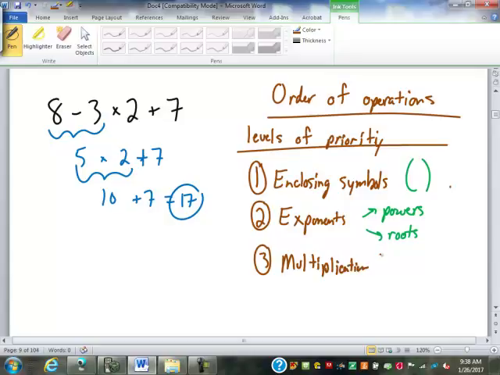Now, of course, multiplication and division are the same operation, so division goes on that list as well. And finally, the lowest level of priority is addition. And along with addition goes subtraction.